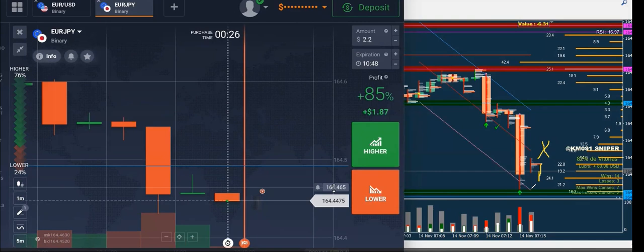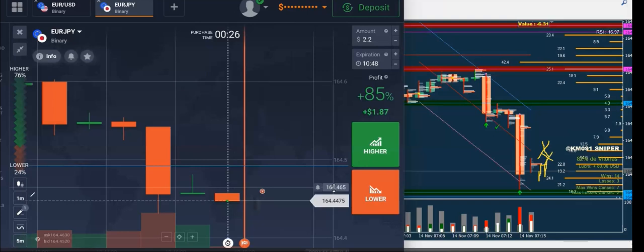What I told you is, suppose the candle opens here and rolls forward, then comes back to that point, then don't place the trade.